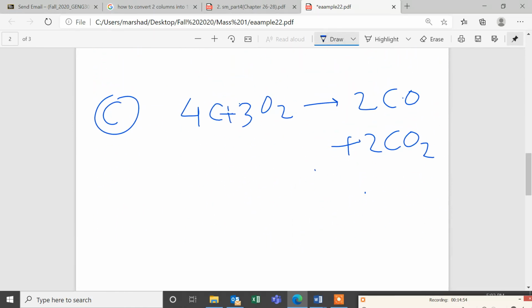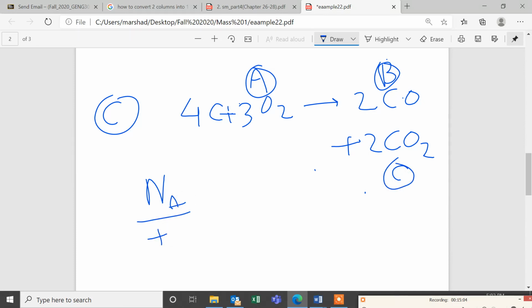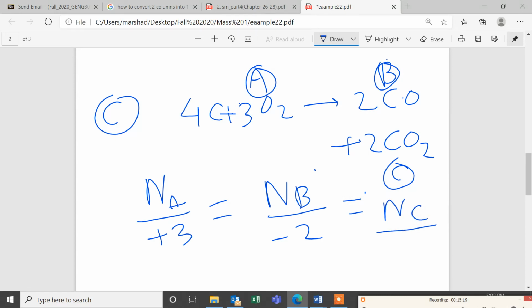So what do we have here? NA, this is A, this is B, and this is C. So NA divided by 3 equals NB divided by minus 2 equals NC divided by minus 3.